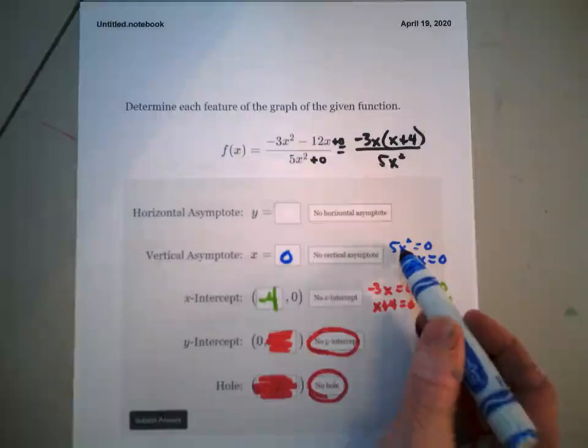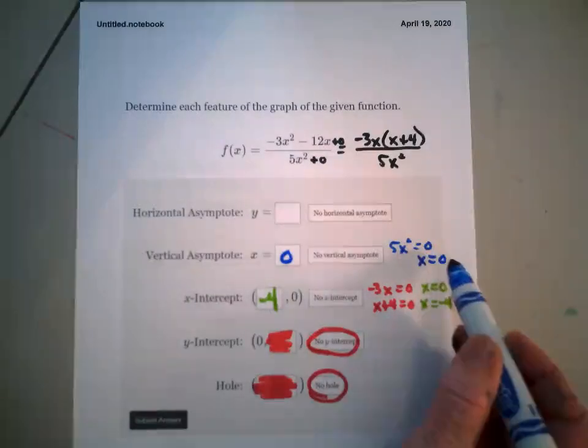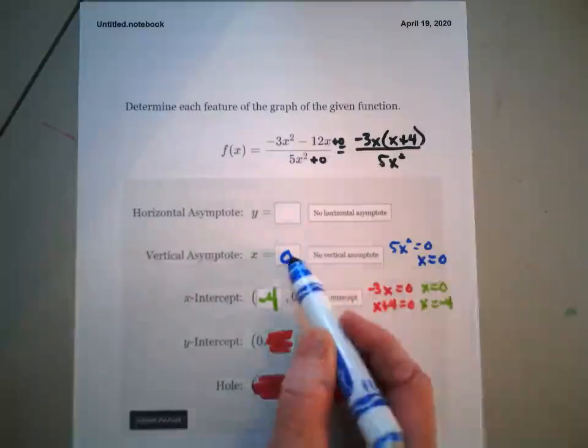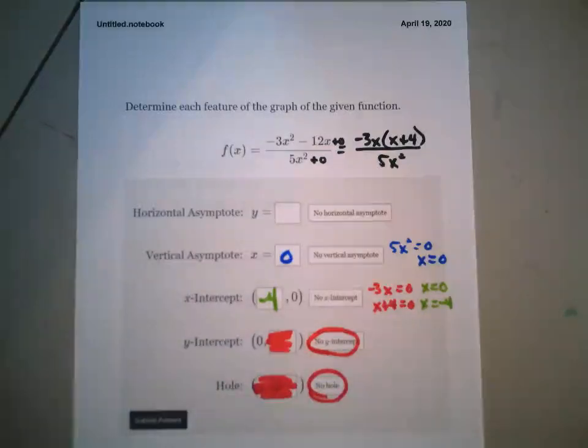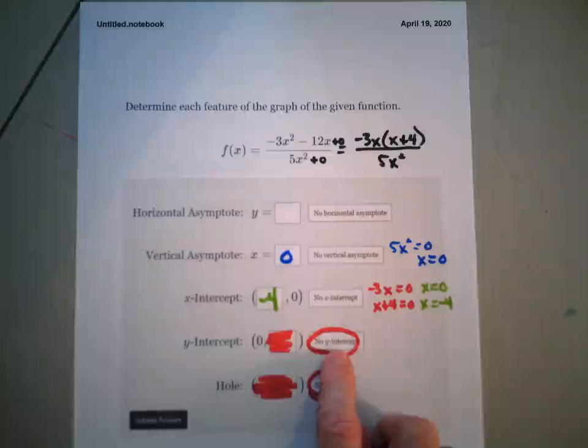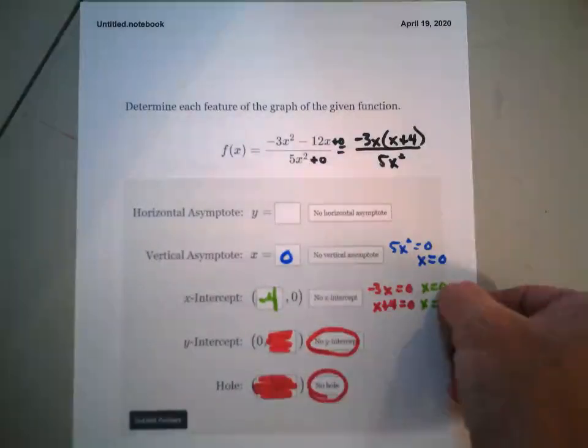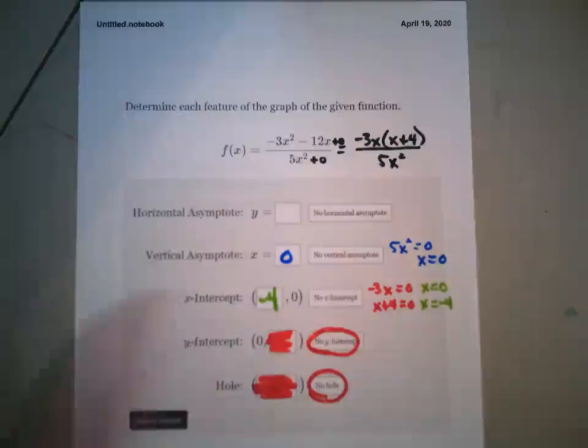So if you divide by 5 and take the square root, then this will end up as 0 as well. So we get 0 for the vertical asymptote. Another reason why we have no y-intercept and you don't have this x equals 0 as an x-intercept either is because it doesn't exist on that line.